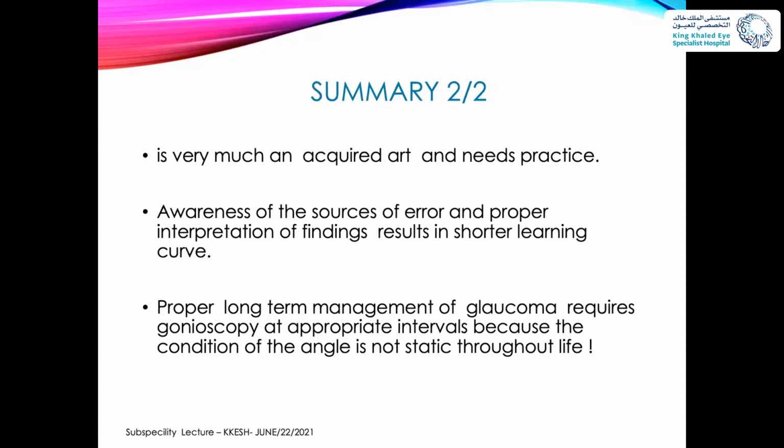The awareness of the sources of errors and the proper interpretation of findings results in a shorter learning curve. And proper long-term management of glaucoma requires a thorough gonioscopy at appropriate intervals, because the angle can change. It's not static throughout life.